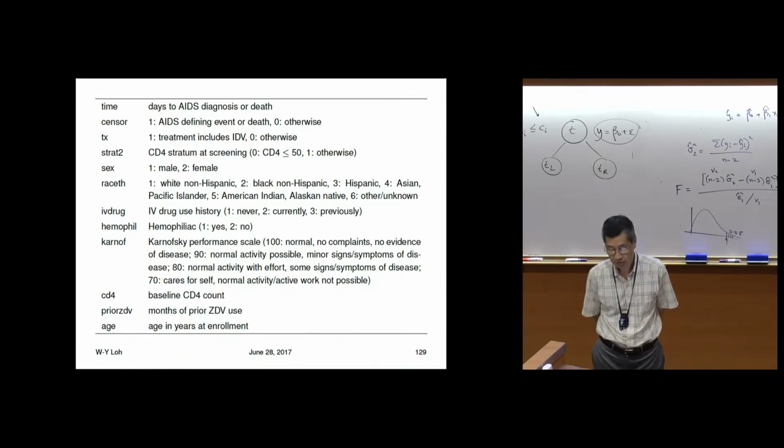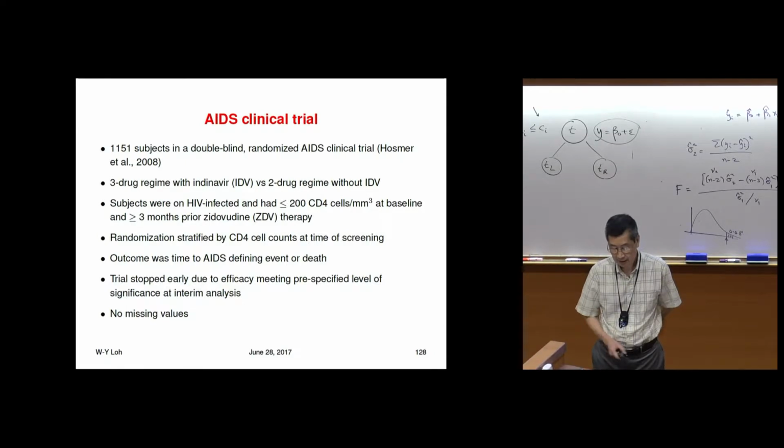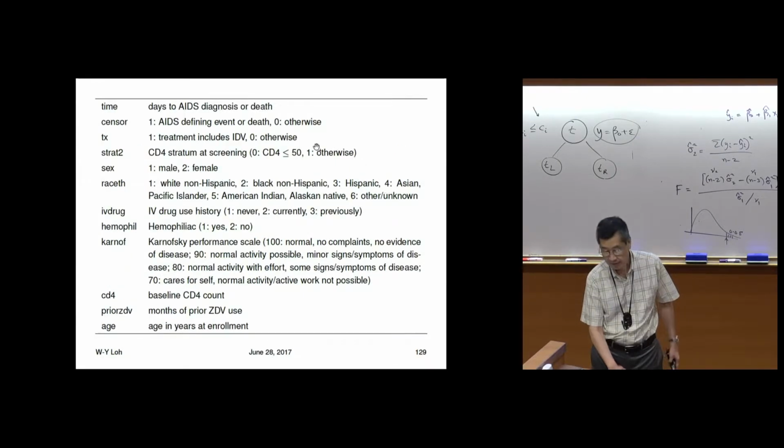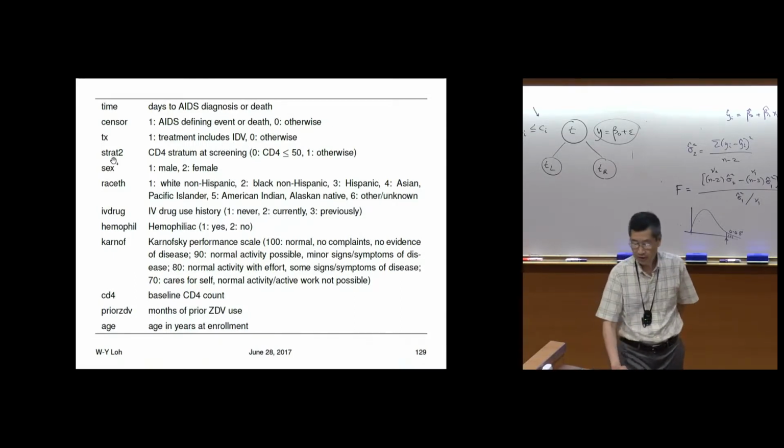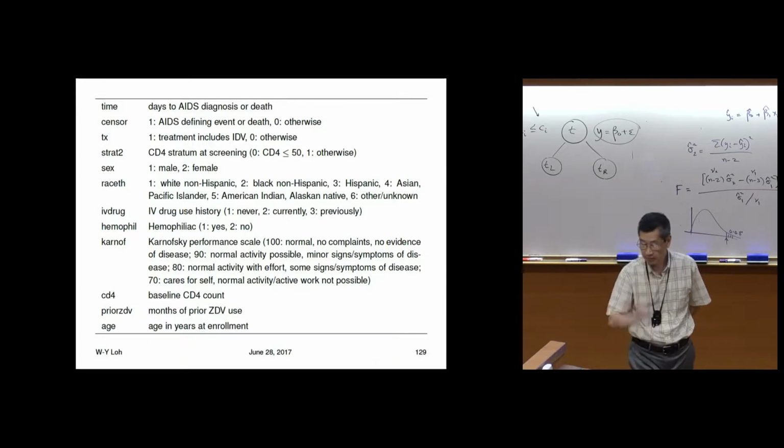TX is 1 or 0. 1 means that the subject had this 3-drug regime with IDV. 0 means that it's without IDV. Right? And the stratification variable is whether the CD4 cell count at screening is less than 50. So that's a stratifying variable.